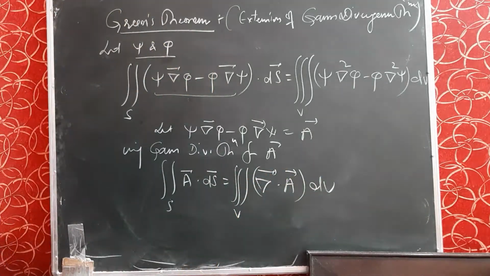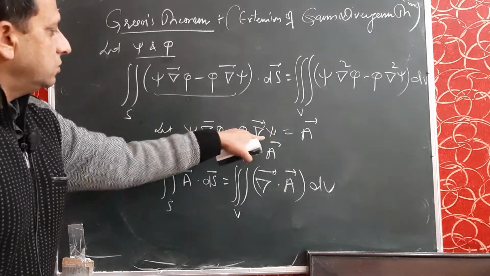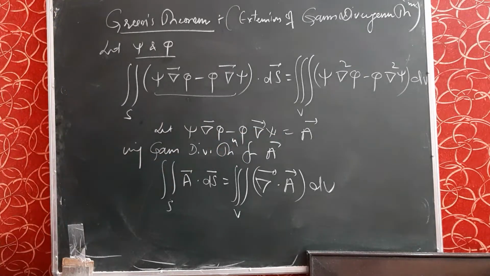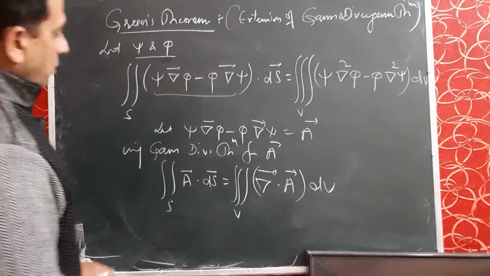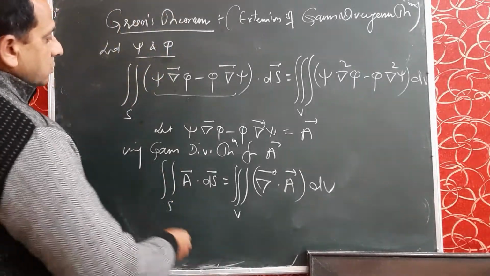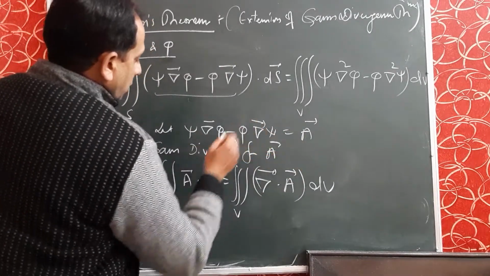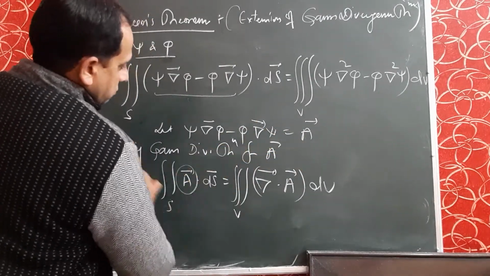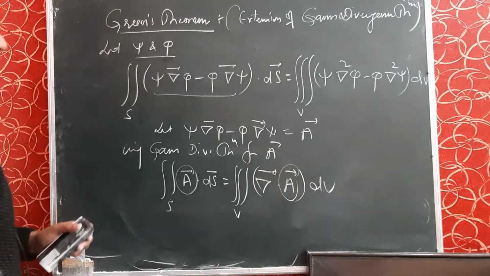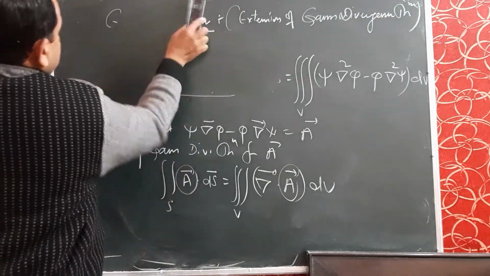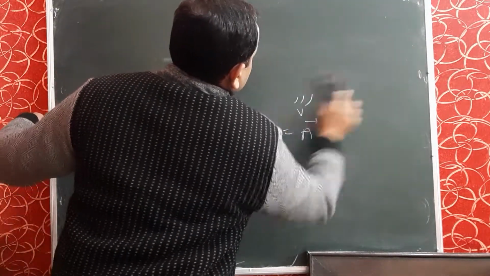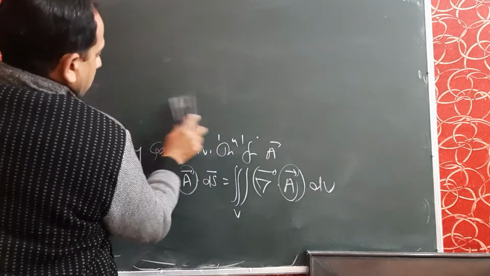This is the divergence theorem, where a is this expression consisting of the two variables psi and phi. Putting the value of a, we will get Green's theorem.